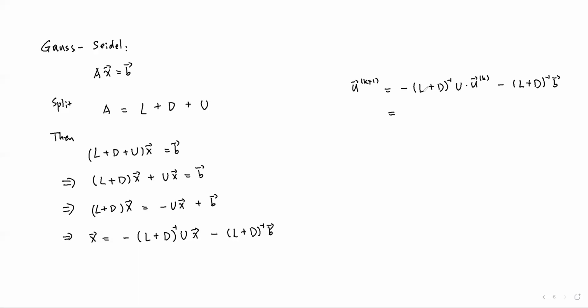Let me call the iteration matrix T tilde, and this vector plus C tilde. This is Gauss-Seidel.